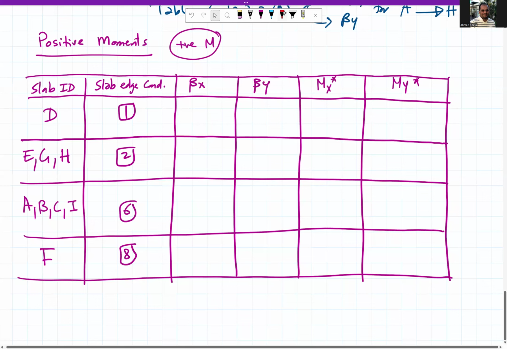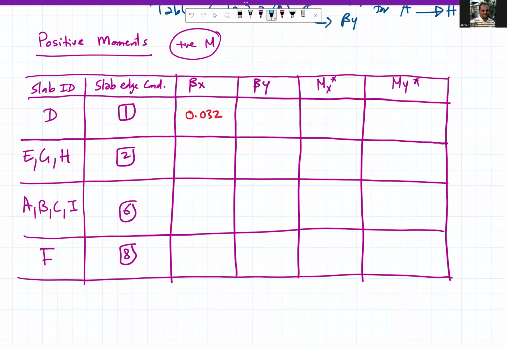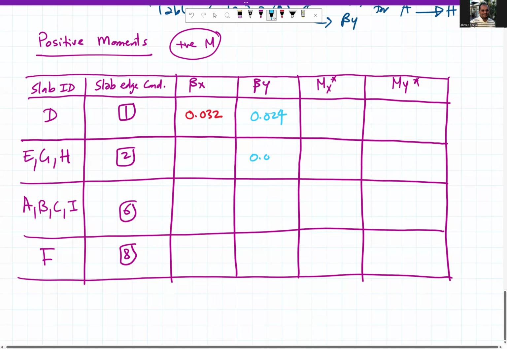So we have here for case number 1, beta x 0.032 and beta y is 0.024. And number 2, we have beta y 0.028 and beta x 0.036.